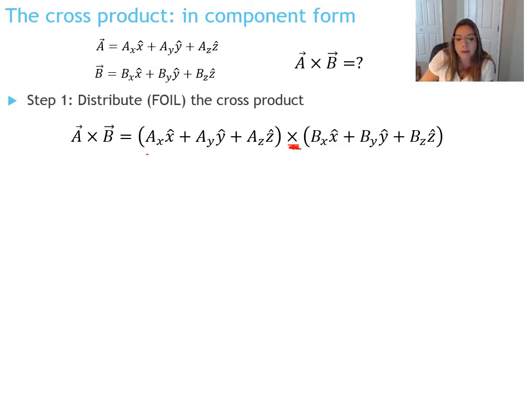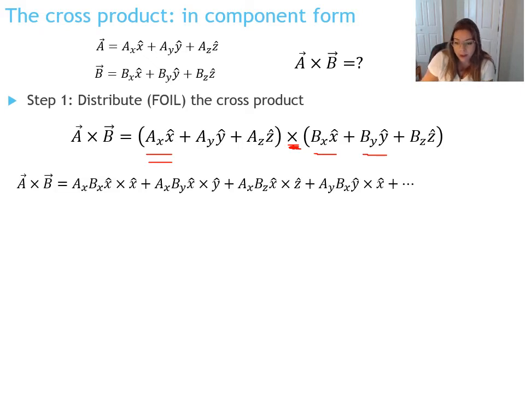So I have the first term, that little A sub x, x hat, is being crossed with B sub x, x hat. And then A sub x, x hat is being crossed with B sub y, y hat. You can FOIL this out. You would get 9 different terms, and each of them has a different cross product relationship. So you'll have x crossed with y's, x crossed with z's, y's crossed with x's, y's crossed with y's, y's crossed with z's.